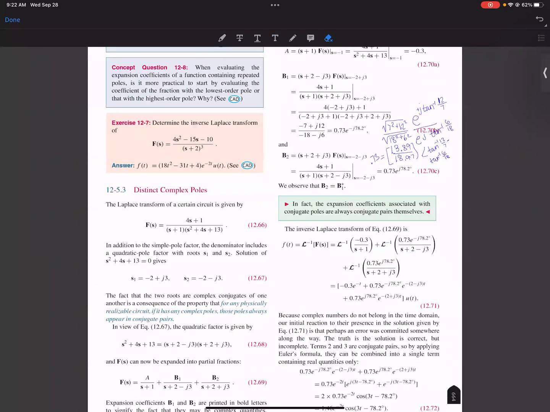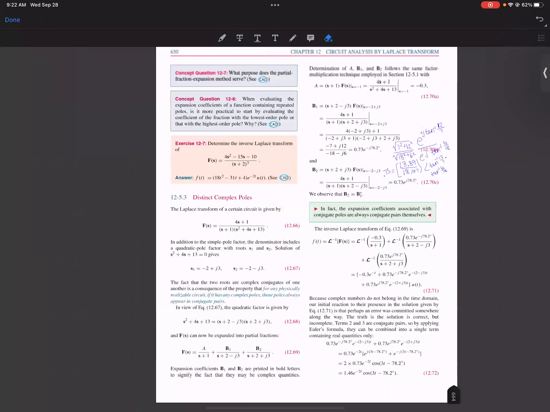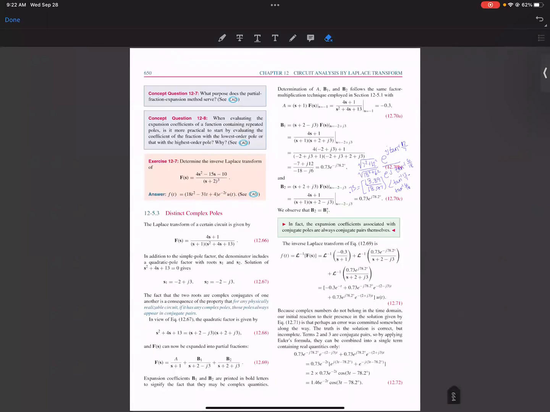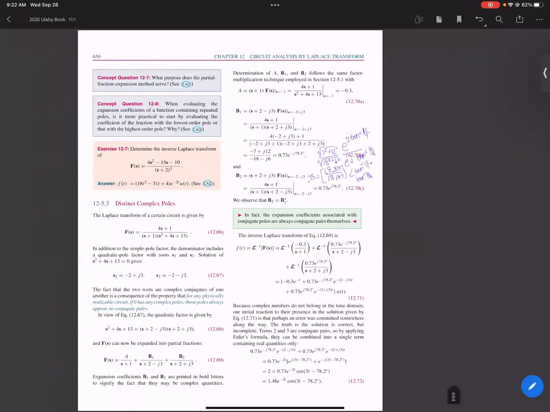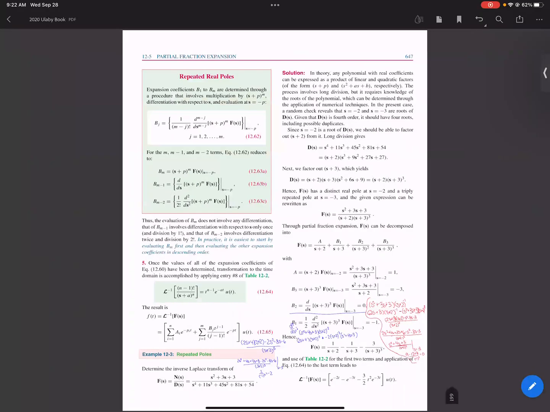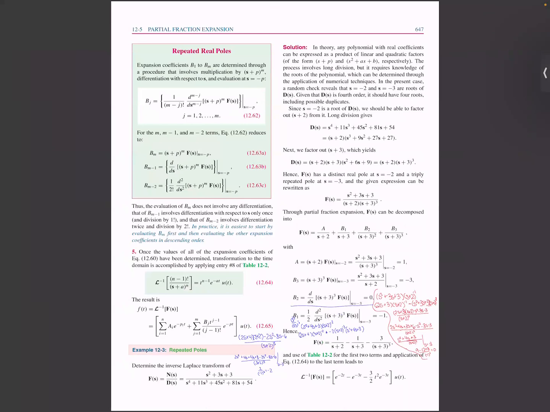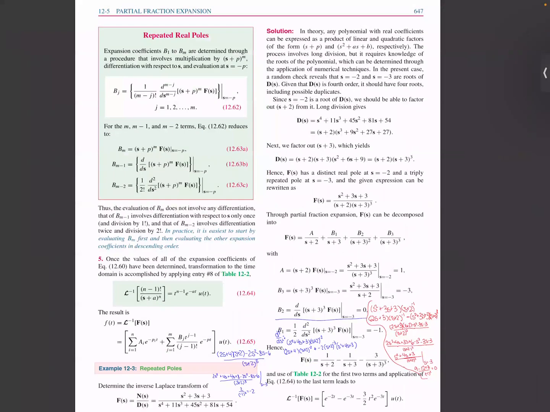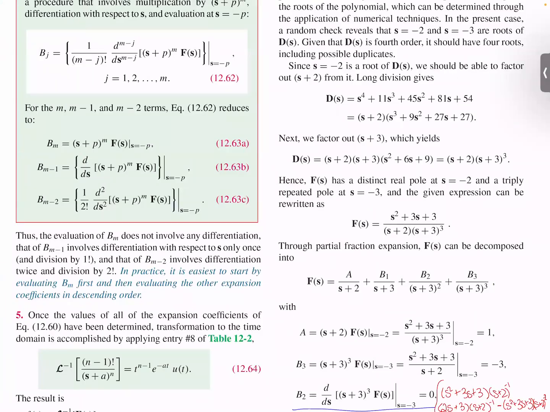Here's the example, sorry. So you have s+2 and then (s+3) cubed. So you would have A over s+2 plus B1 over s+3, B2 over (s+3) squared, and B3 over (s+3) cubed.